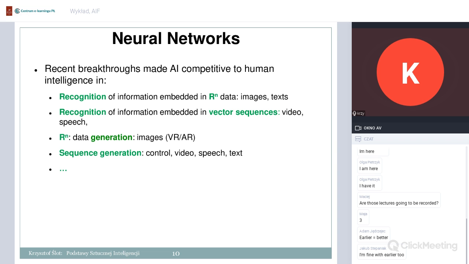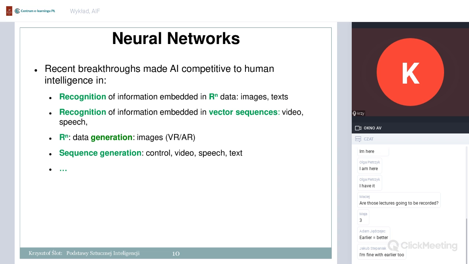The second direction in AI research is probably right now the dominant one. And these are neural networks. And these neural networks are responsible for breakthroughs in AI. And AI has become competitive to humans right now. And it can successfully accomplish different, very difficult tasks, like recognition of information that is embedded in n-dimensional data, like in images or in texts.